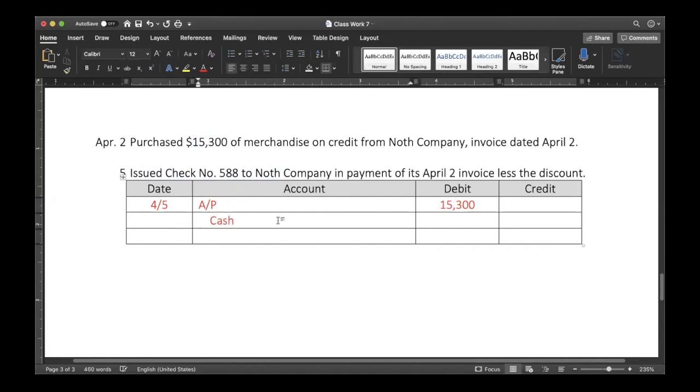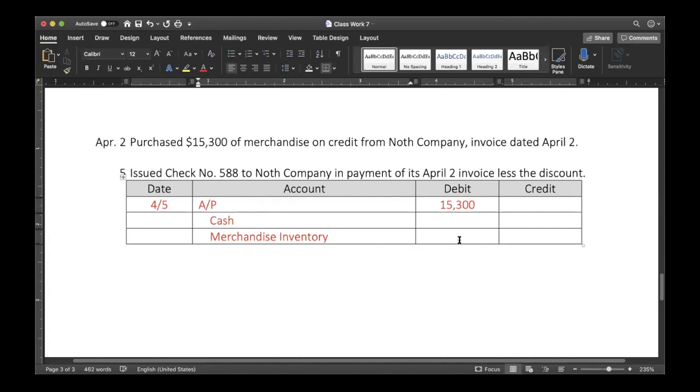We will be paying them cash, but we will not be paying them the full $15,300 because there is a discount. Do you remember the name of the discount account when we had made a purchase? It would be the inventory account. Merchandise inventory. Because it offsets the cost of the goods to us.